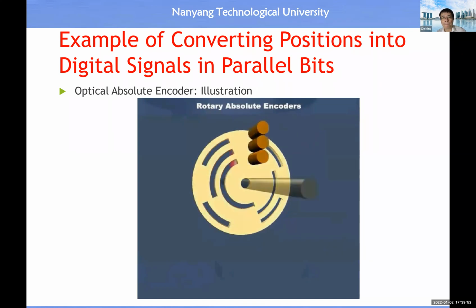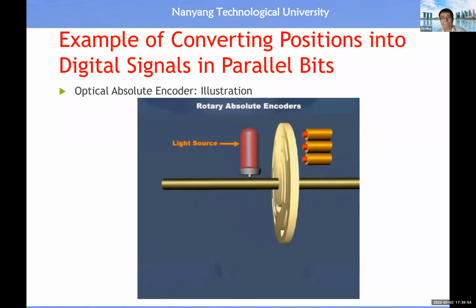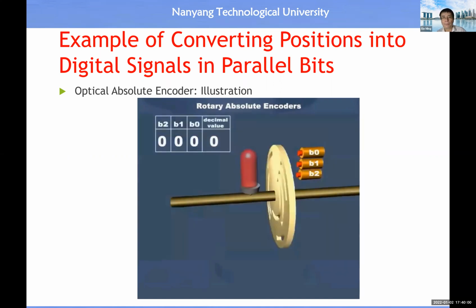A light source is located on one side of the strip, while photocell detectors are placed on the other side. The rotary absolute encoder shown here has 3 sets of slots and hence uses 3 photocells.